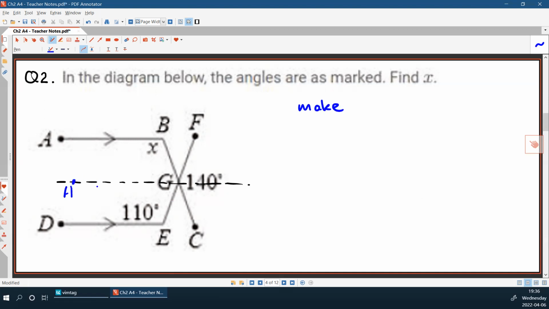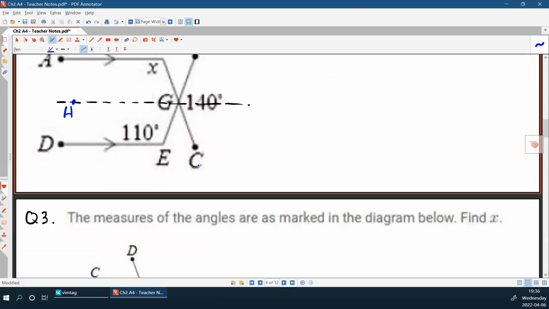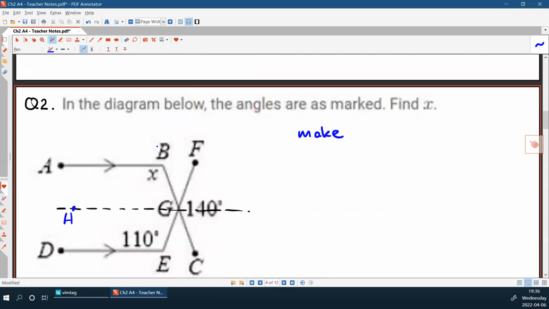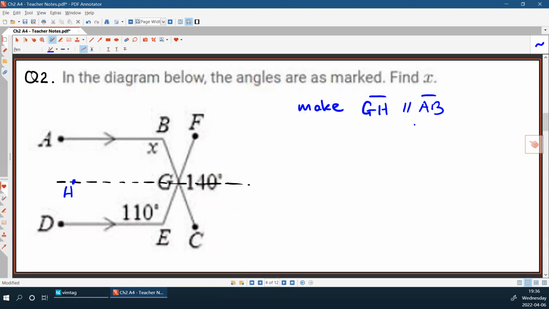Let's call it HG, that is parallel to line AB and passes through point G. And because we have line AB parallel to line DE, therefore line GH is also parallel to line DE, right?